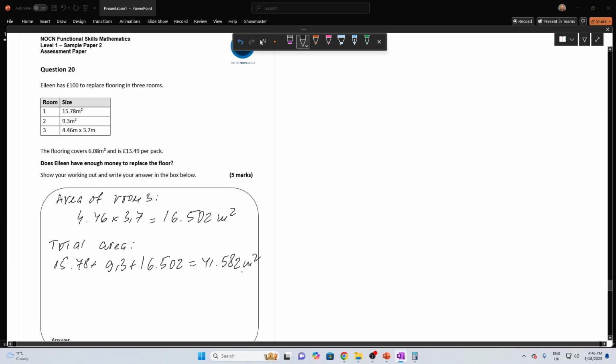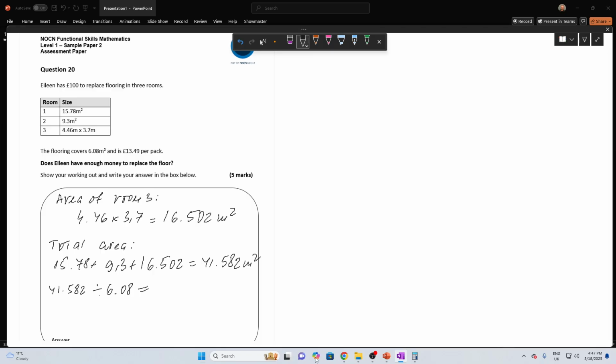Then we need to find the packs. So we know the total area, which is 41.582. We need to divide by 6.08 because this is how much each pack covers. So we need to find how many packs we need.